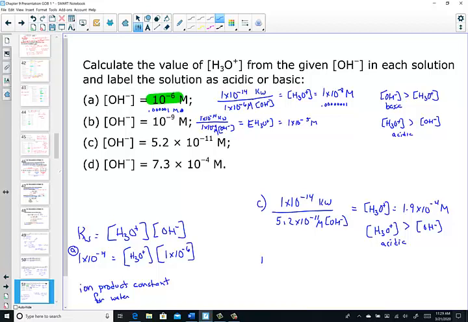There was one more. Let's work it here. 1 times 10 to the negative 14th is our ion product constant for water. We'll divide that by 7.3 times 10 to the negative 4. That's our hydroxide concentration. And when we do so, we're solving for the acid ion called hydronium. Let's hit it together.